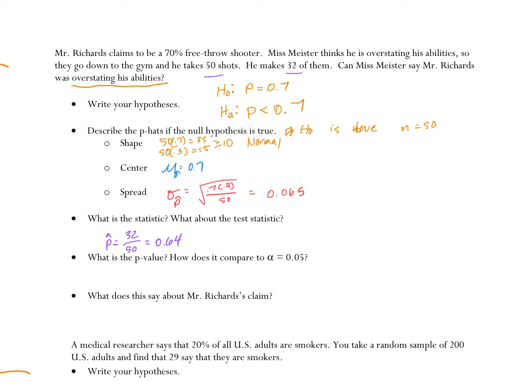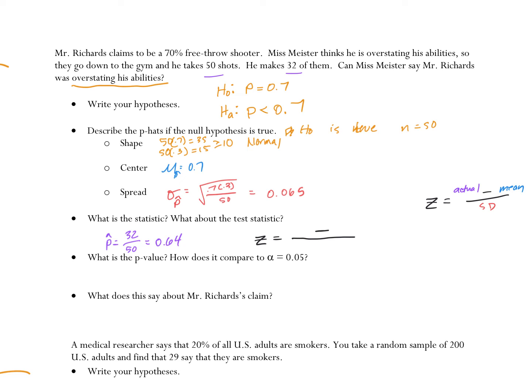So what I'm going to do is find the test statistic and p-value to see how unlikely it was that this happened. Okay? So that z statistic, we call it the test statistic, we're going to find the z-score for this. And a reminder, the z-score is equal to the actual minus the mean divided by the standard deviation.